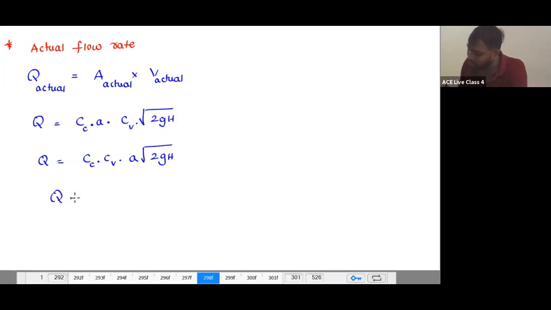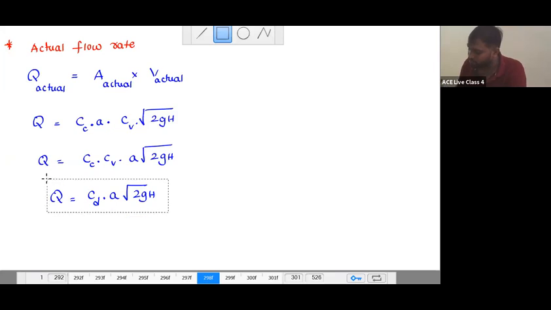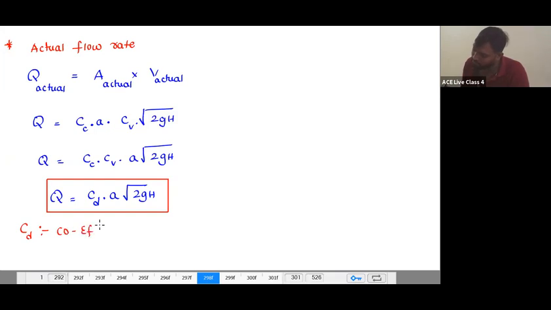Now Q is nothing but CD into A into root 2GH. This is the actual discharge, where CD is known as the coefficient of discharge.